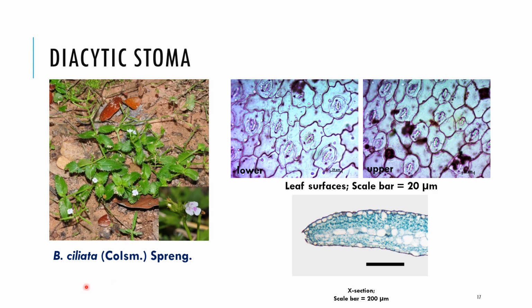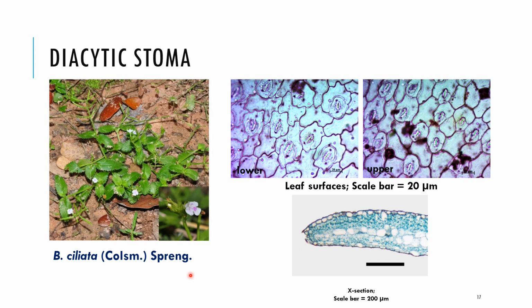And the next one is Bonnaya ciliata. This is a very common species in Thailand. Bonnaya ciliata is native from tropical and subtropical Asia to North Australia and introduced into subtropical America too.